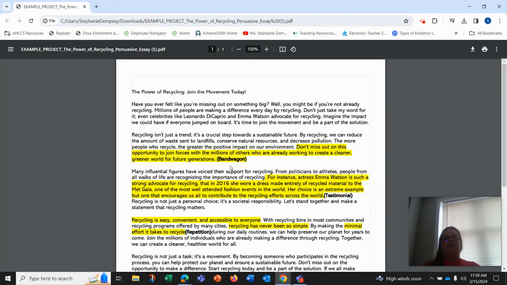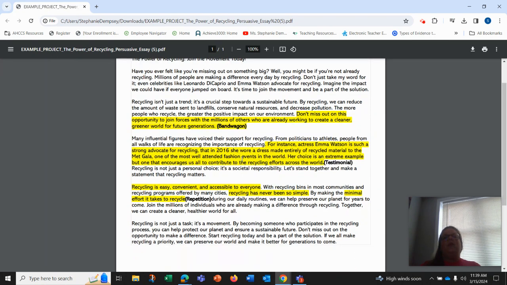So in my persuasive writing about recycling, I highlighted the bandwagon technique being used, and then I put it in parentheses to show that this is the technique being used correctly. Later in my writing, I used testimonial. So I highlighted the testimonial, which said, for instance, "actress Emma Watson is such a strong advocate for recycling that in 2016, she wore a dress made entirely of recycled material to the Met Gala, one of the most well-attended fashion events in the world.